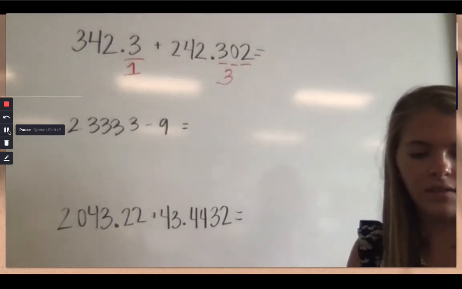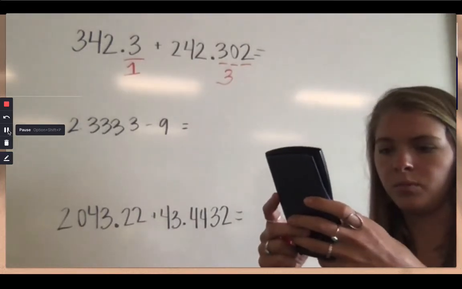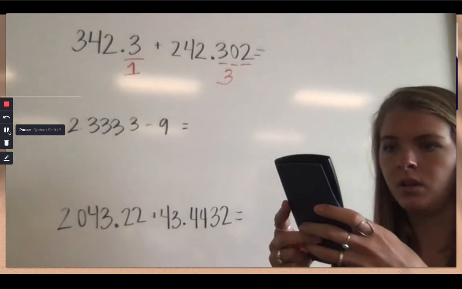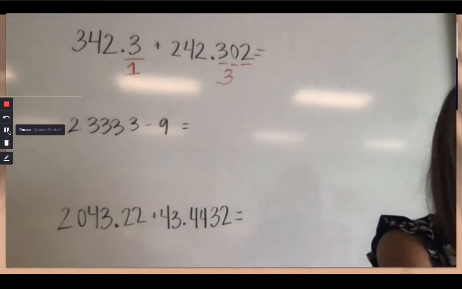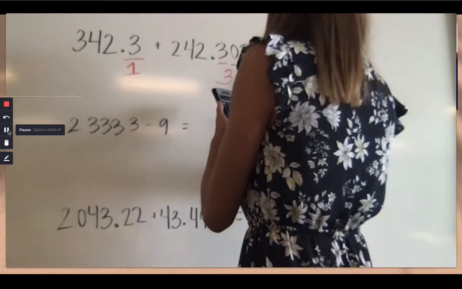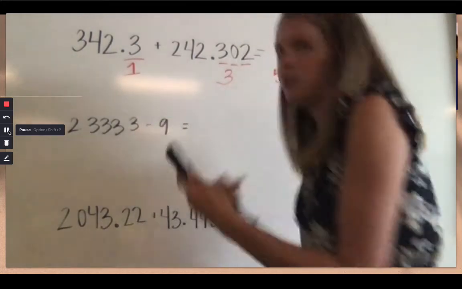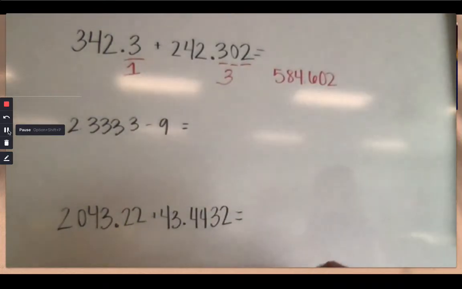So let's solve this. We get 342.3 plus 242.302. We get 584.602. That's our answer before we take sig figs into account.